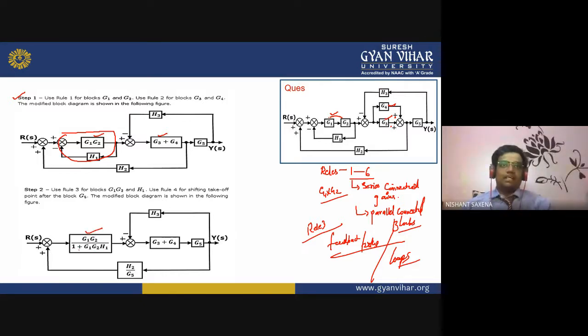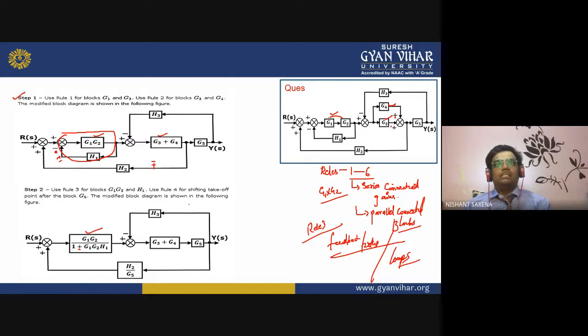Now H1 is taken as positive because over here we have a negative feedback path. I have told you that we use plus minus in the denominator if it is minus plus in the feedback. Is this clear?